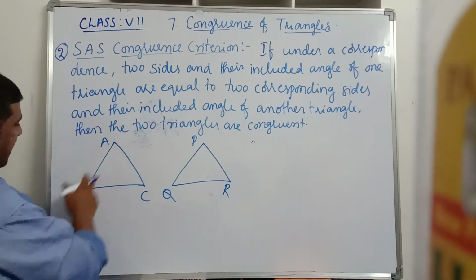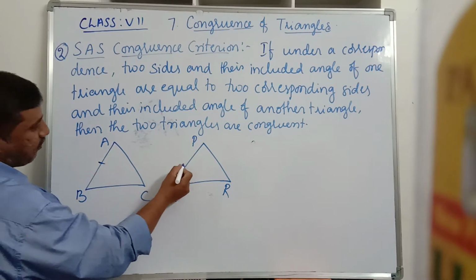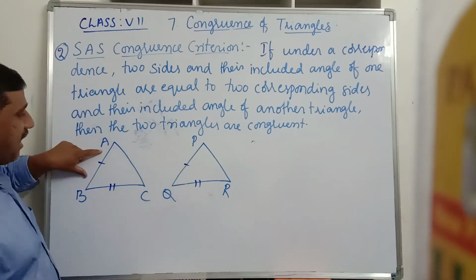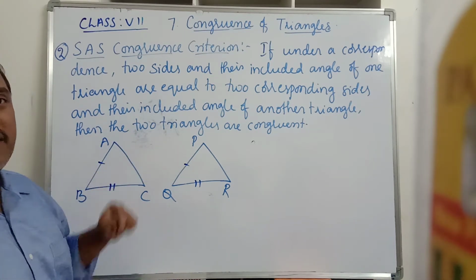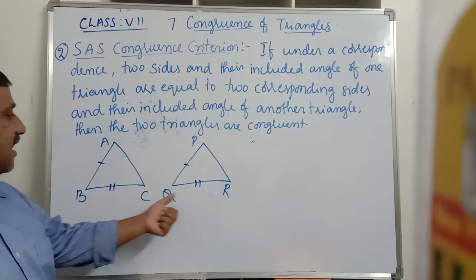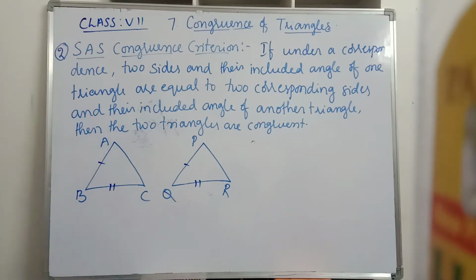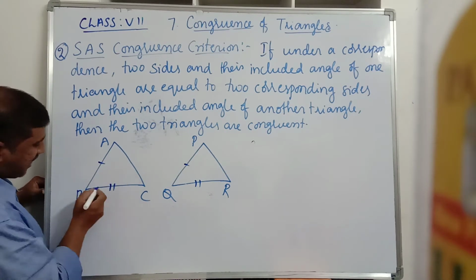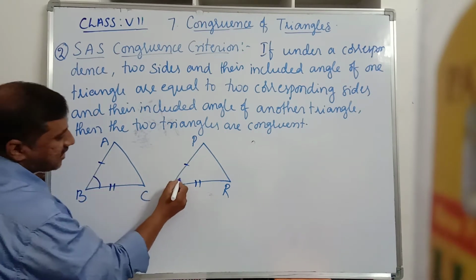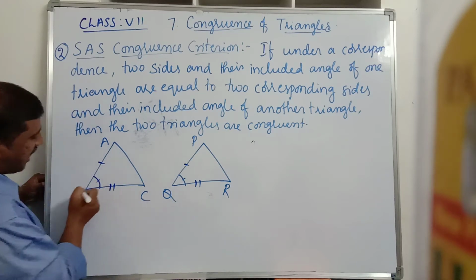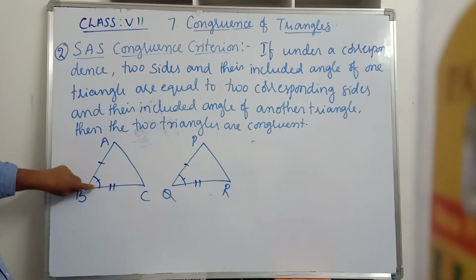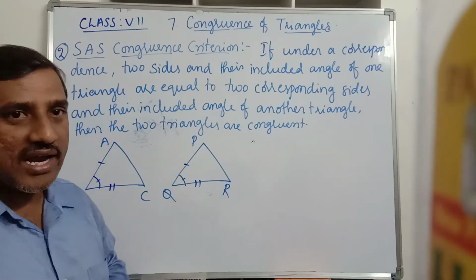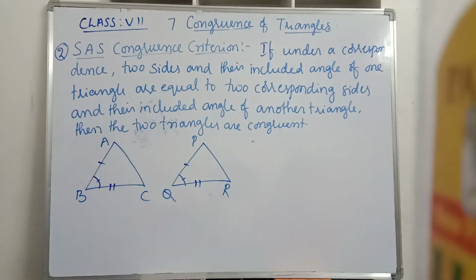For example, here AB is equal to PQ and BC is equal to QR. So AB and PQ is one pair of corresponding sides, and BC and QR is the other pair. Now what is the angle made by these two sides in triangle ABC? It is B, and here it is Q. If these two angles are equal, then by SAS congruency these two triangles are congruent.